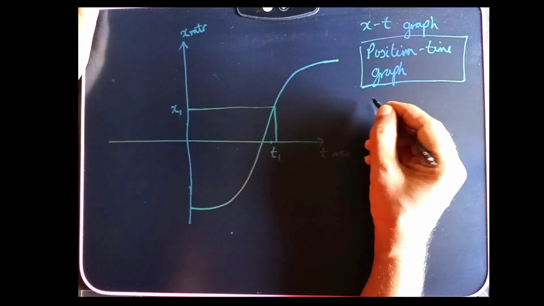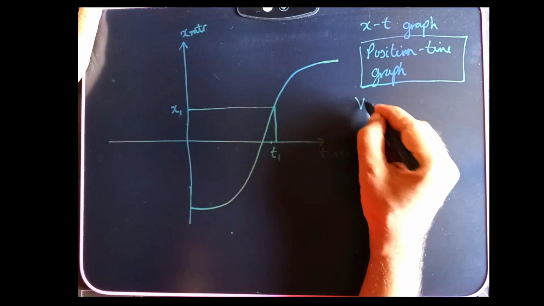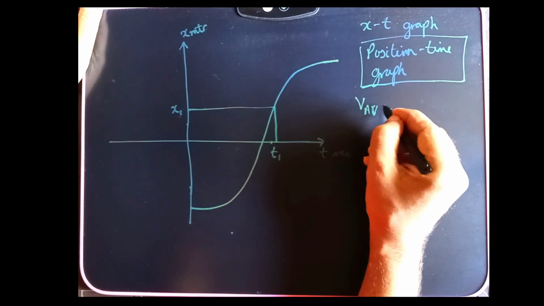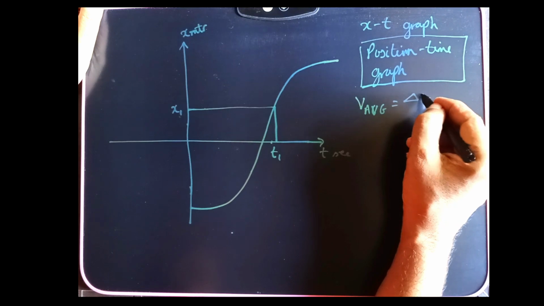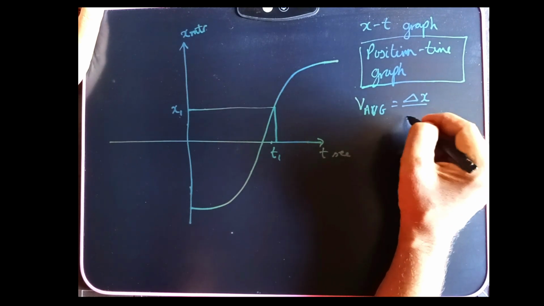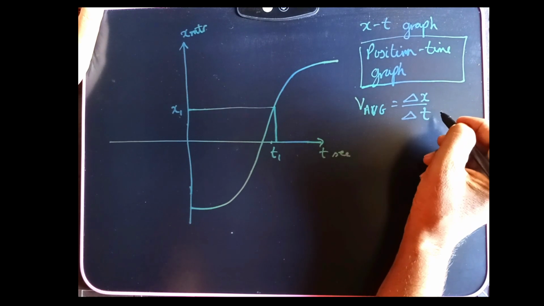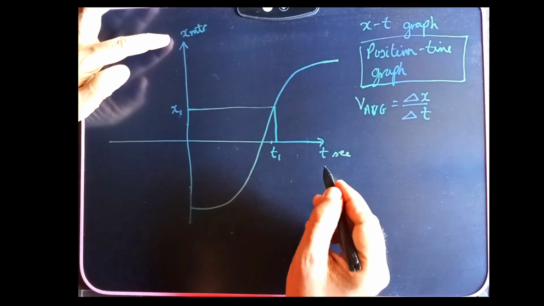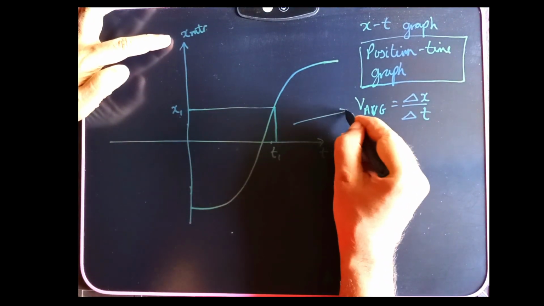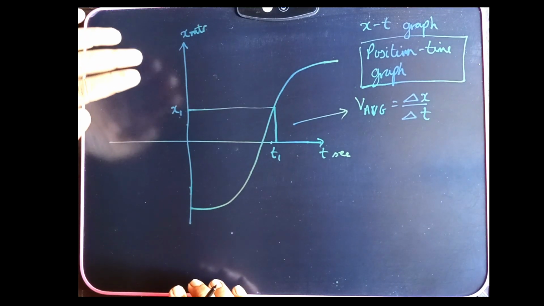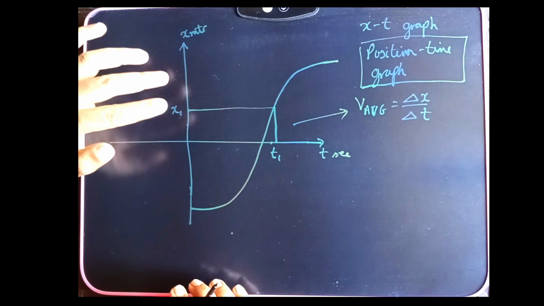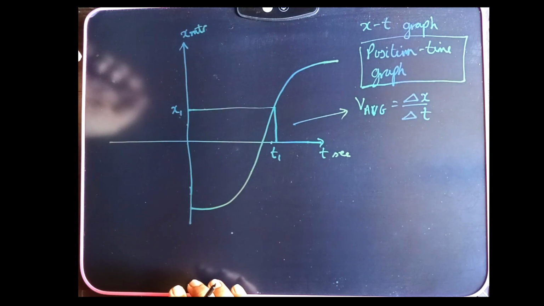So we know that average velocity is the change in the position divided by change in time. So this xt graph can give us the average velocity of the particle for any given two positions.